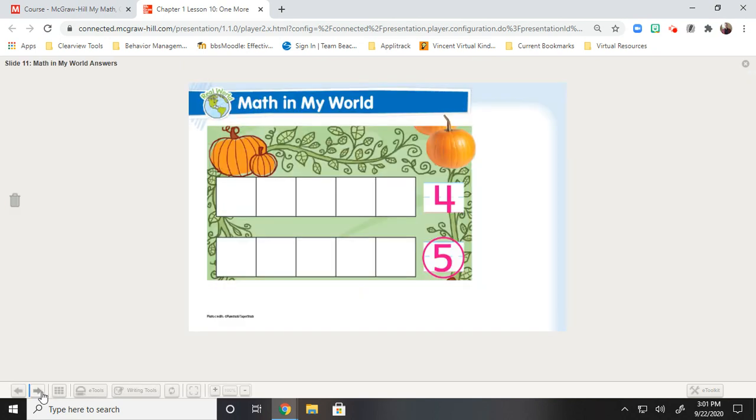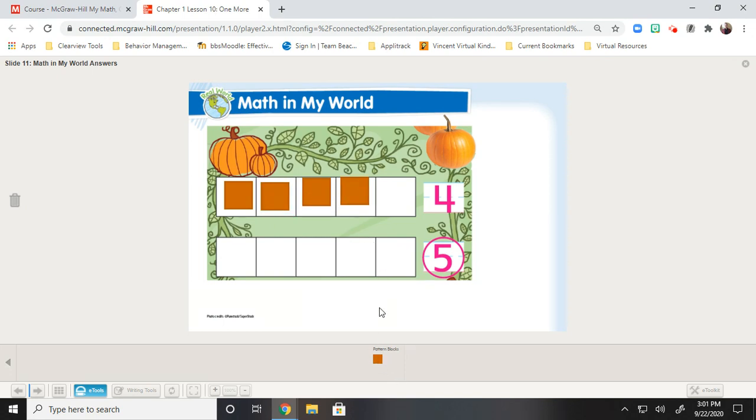Let's see what other activity we have. Oh, they decided to do 4 and 5. Well, it does say in the instructions to do 4 and 5, but we can use other shapes and other numbers and amounts to show that. Let me actually see what this looks like. Let's see. 1, 2, 3, 4.